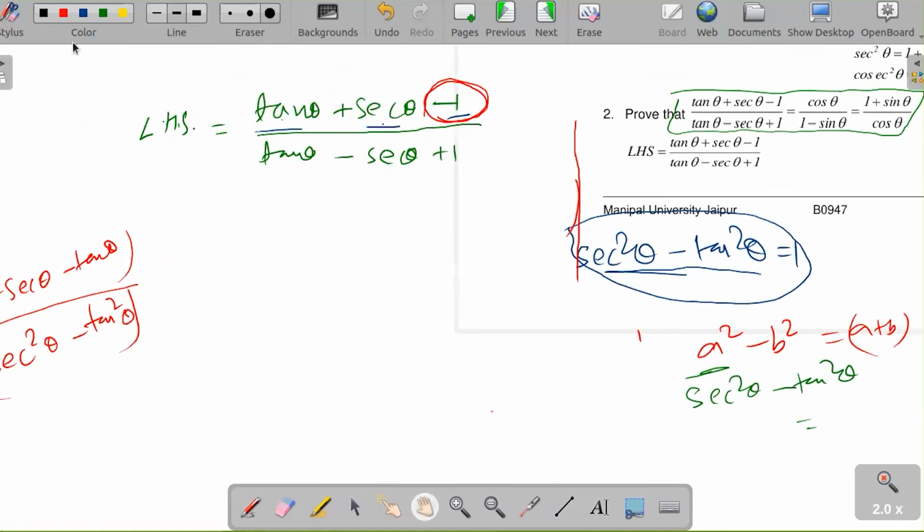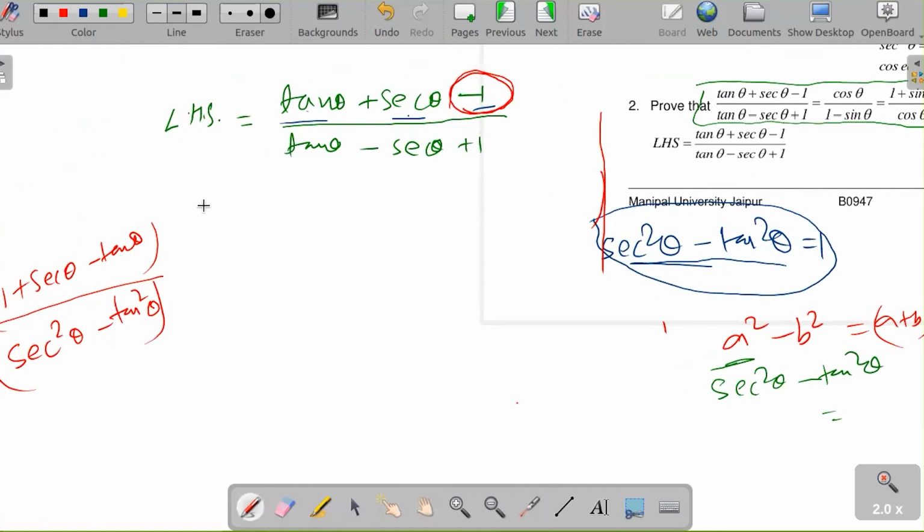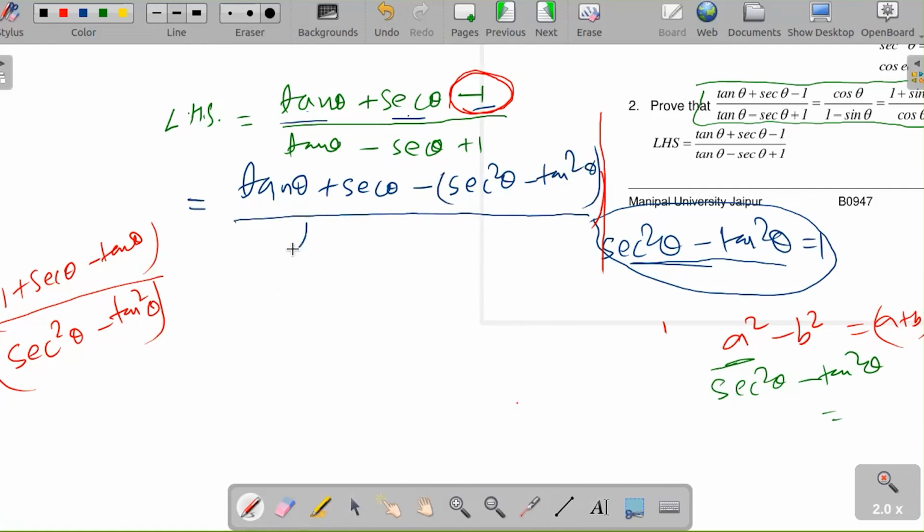Yeah, it is true. We are all learning together here, so we all should give our input whenever we stop anywhere. So as I said, this minus 1 I replaced with sec square theta minus tan square theta, but again this will be in brackets and all divided by tan theta minus sec theta plus 1.